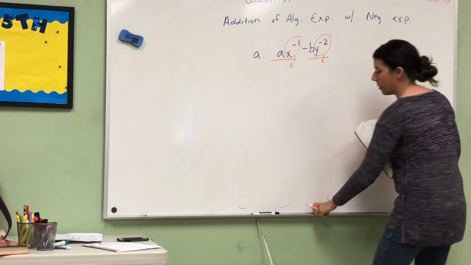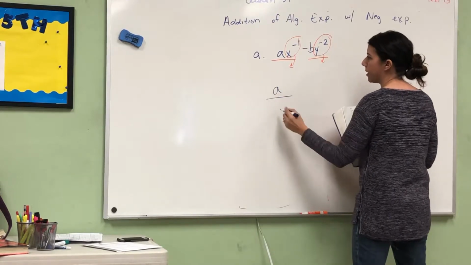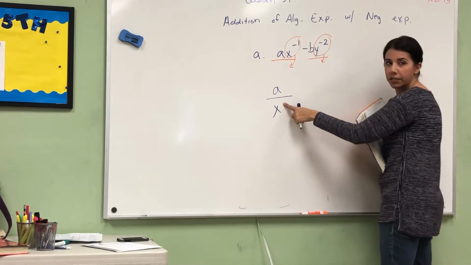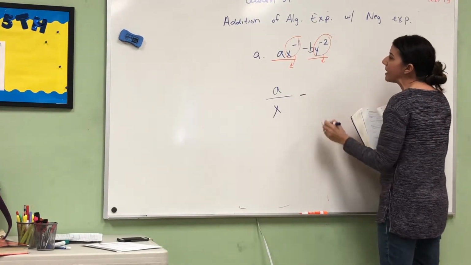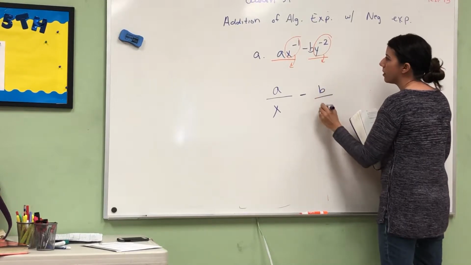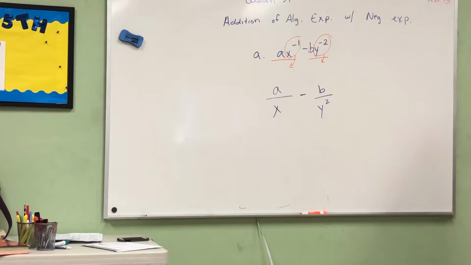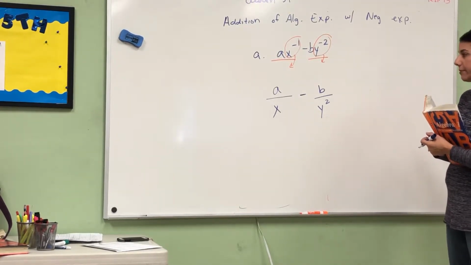So our new form looks like this: a, still there in the numerator, over x to the 1. Do we need to put a 1 here? No. Minus b over y squared. Once you move that variable to the proper place, now the exponent is positive.